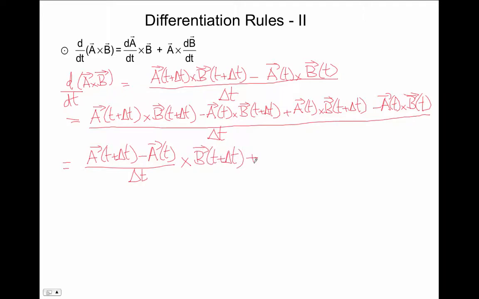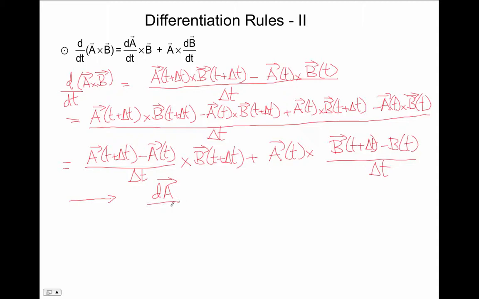And finally here we have a of t cross this quantity b of t plus delta t minus b of t divided by delta t. Now, as delta t goes to smaller and smaller values, this over here goes to dA by dt. So here is the vector dA by dt cross.